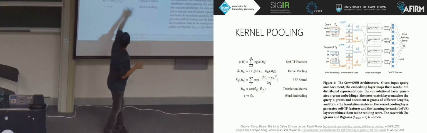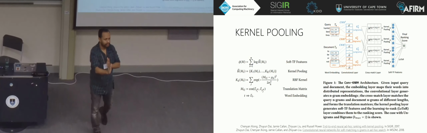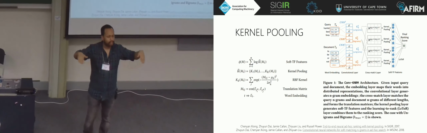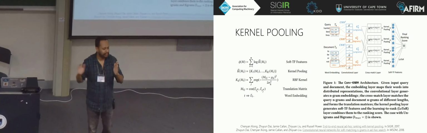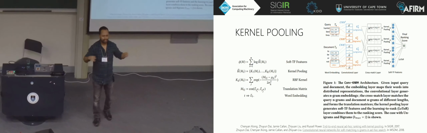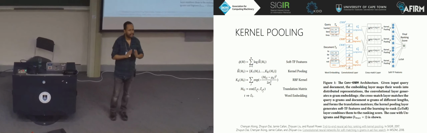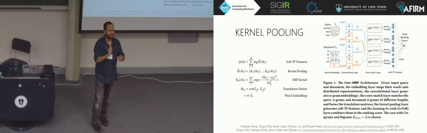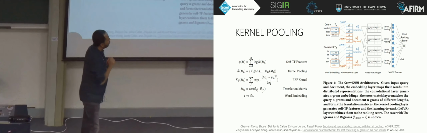What this RBF kernel is doing is that it will have a value very close to 1 if the similarity is very close to 0.3, and it will get close to 0 the further you are away from 0.3, on either side. So it's a nice trick to go from a single real valued number to almost like 10, 20, 30, whatever, depending on how many ranges you want to consider. So you can have, let's say, 25 different features where any one of them triggers if the similarity is in a particular range. So that's the key trick in kernel pooling.